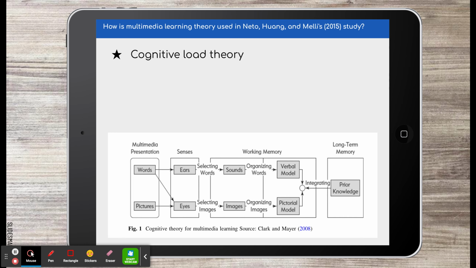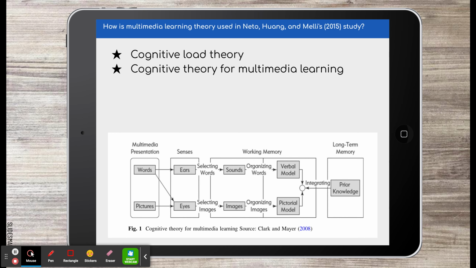Then the second one was the cognitive theory for multimedia learning. In the first framework, cognitive load theory, it's the central issue that enables learners to efficiently use their information processing capacities to apply newly acquired knowledge and solve problems.